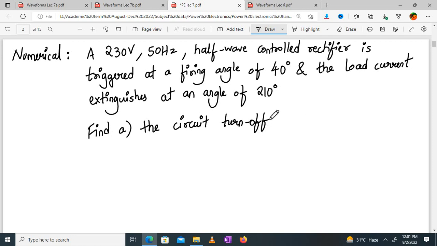You can watch the board. B, average output voltage.